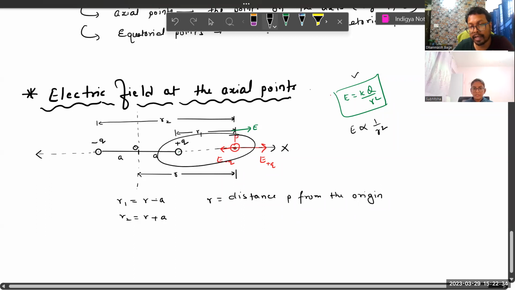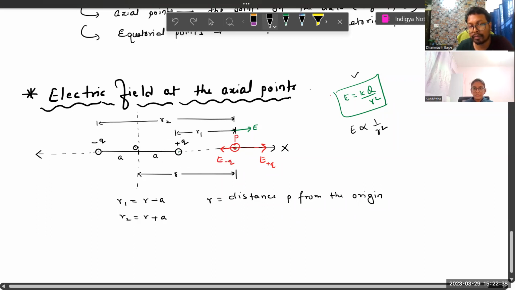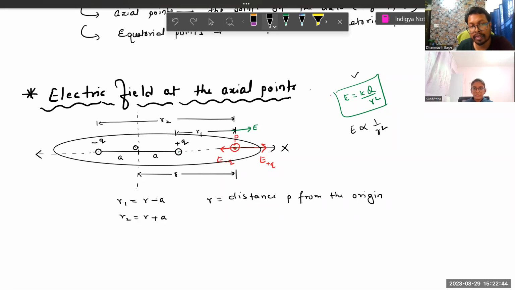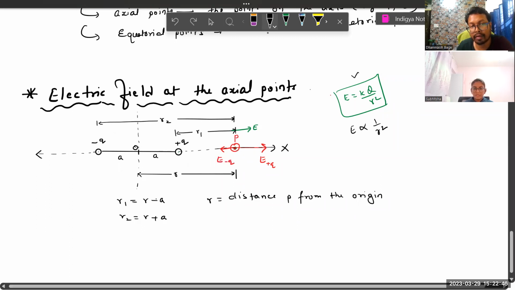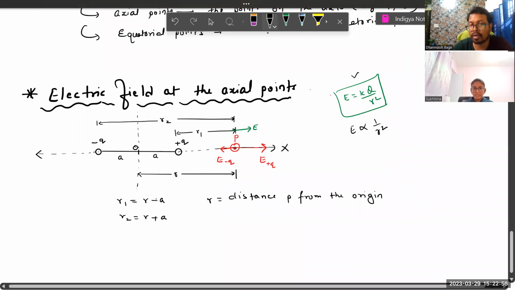Look at this, P and plus Q, they are closer to each other. And minus Q and point P are so much distance away. So the field of plus Q at P will be greater and the field of minus Q at P will be smaller. What is the confusion here?